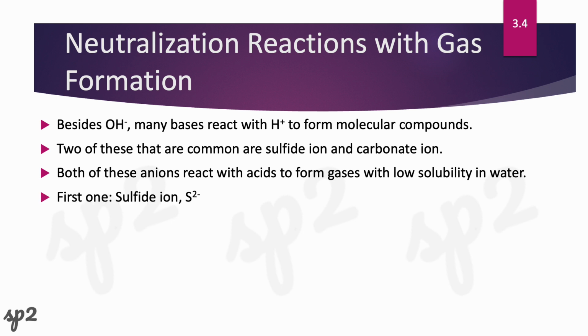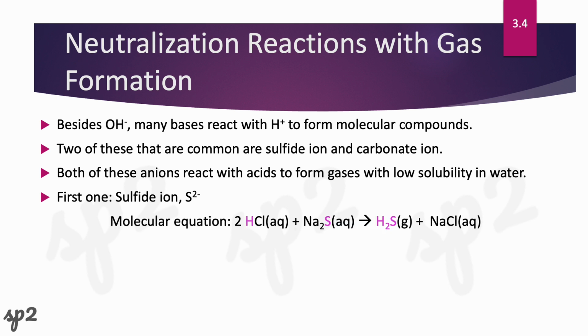We're going to be looking at both of them, starting with your sulfide ion. If you have a reaction with this anion and, let's say, hydrochloric acid, and this is my sodium sulfide, looking at the product side, we have H2S, which is hydrogen sulfide, and sodium chloride.